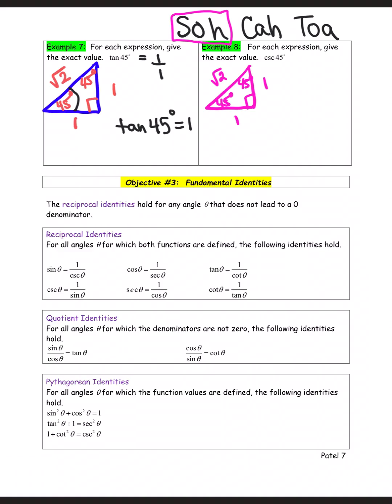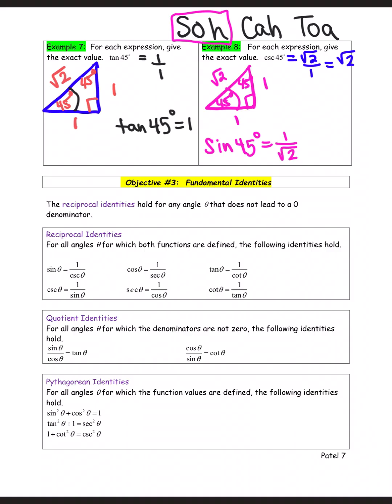So we know sine of 45 is opposite, which is 1, over hypotenuse, which is square root of 2. Therefore, cosecant of 45 is going to be the reciprocal, which will be square root of 2 over 1, or simply just square root of 2.